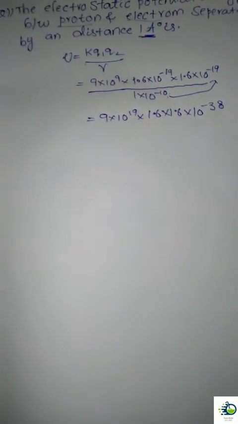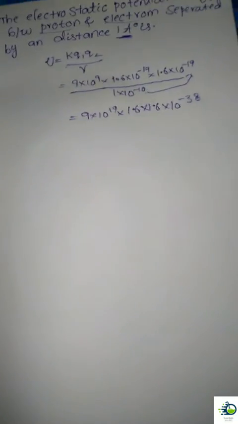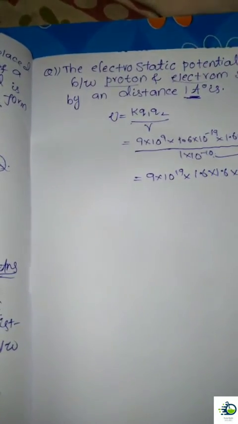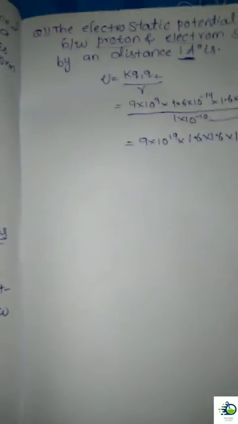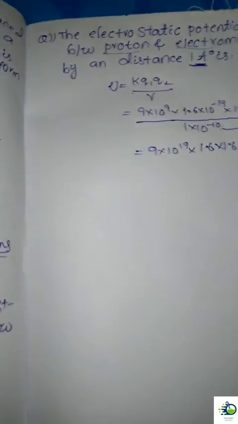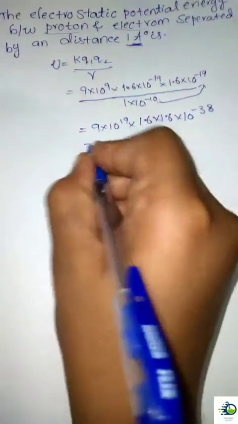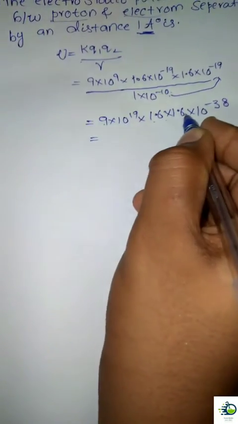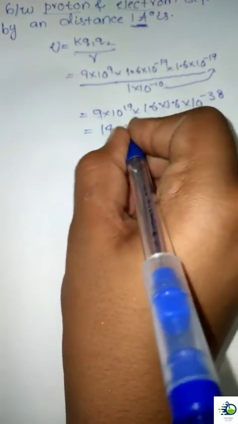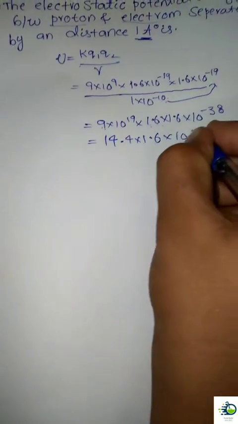Now we need to find the value of the electrostatic potential energy. Let us take 9 into 1.6, how much? 9 times 16 is 144, which means 14.4 into 1.6, and from this we will get 10 power minus 19.